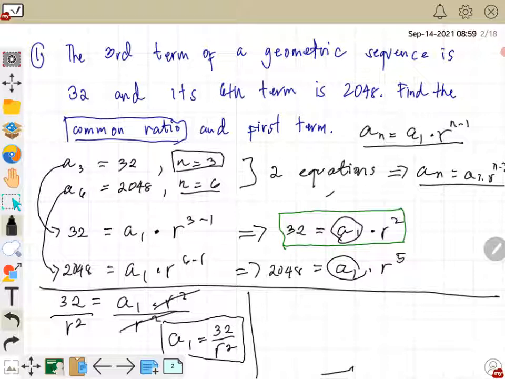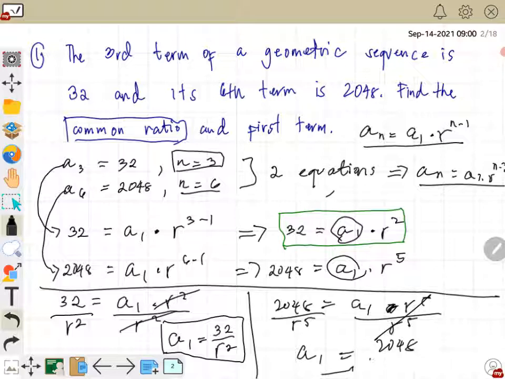Later on we'll show you the purpose of rewriting this equation. The subject becomes a sub 1, the first term, in terms of r. So here we have 2048 equals a sub 1 times r raised to 5. We can divide both sides by r raised to 5, so that cancels out. So we have a sub 1 equals 2048 divided by r raised to 5.